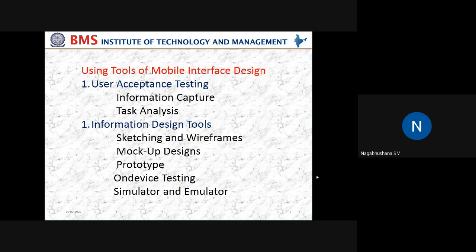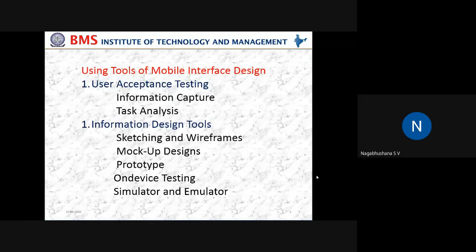So testing confirms requirements compliance and the quality or the standards which are written in a service level agreement between a customer and the organization. So here there is user acceptance testing, functional testing, unit testing, regression testing, smoke testing, black box testing, white box testing.